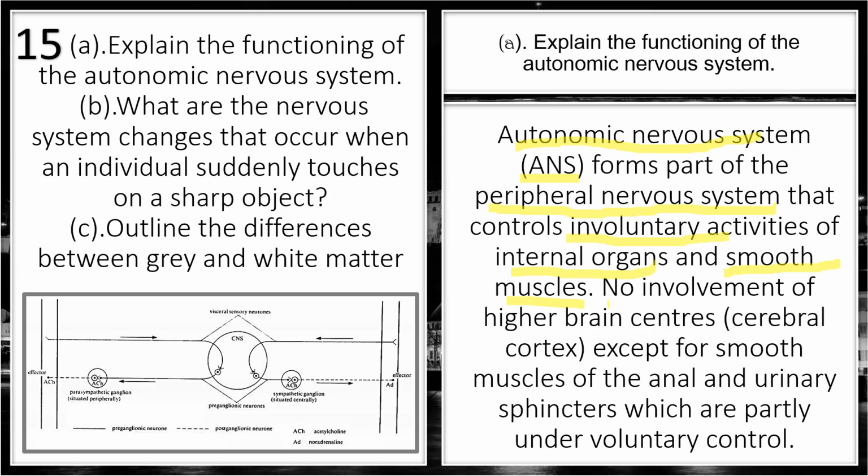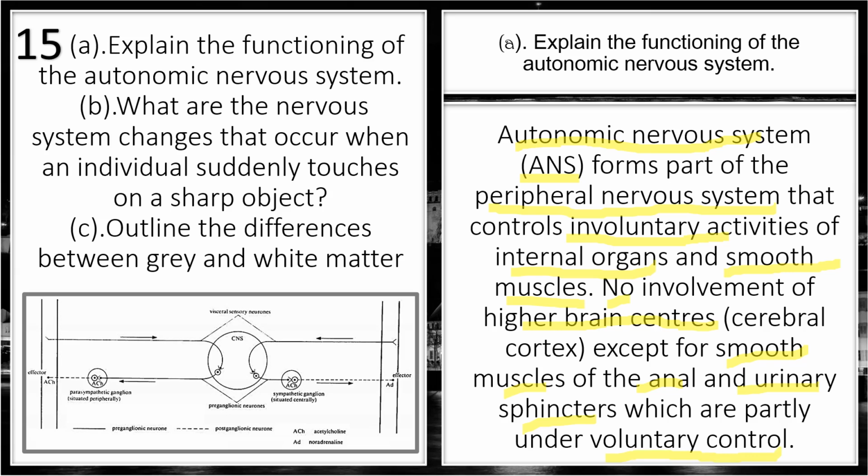There is no involvement of the higher brain center, what we call the cerebral cortex, except for the smooth muscles of the anal and the urinary sphincter, which are partly under voluntary control.